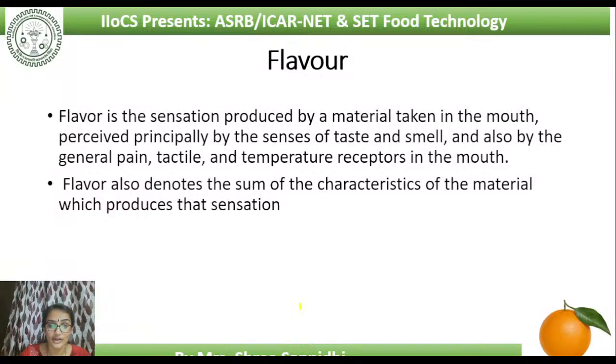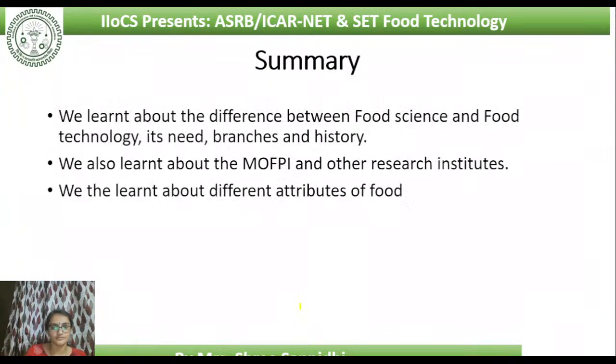Flavor also denotes the sum of the characteristics of the material which produces that sensation. The same as I told above. So it is the sum of all the characteristics produced by that particular material.